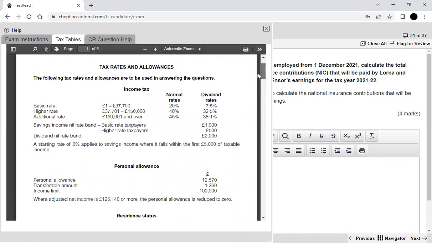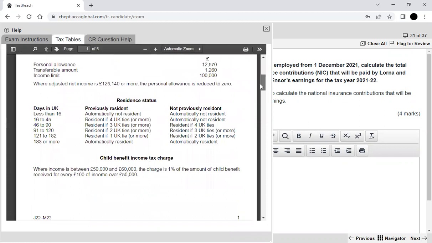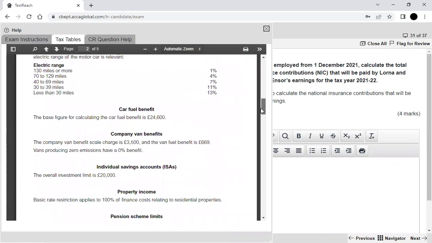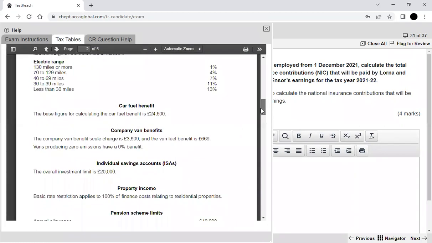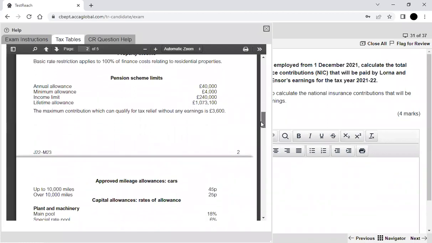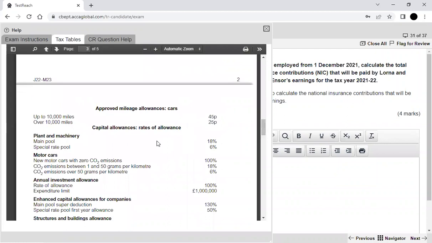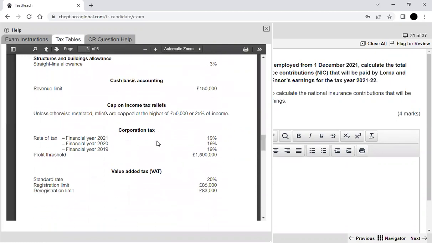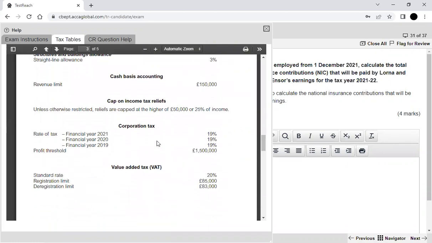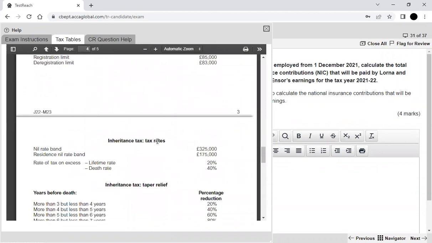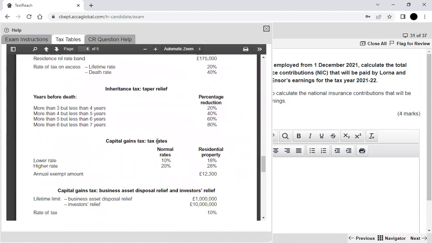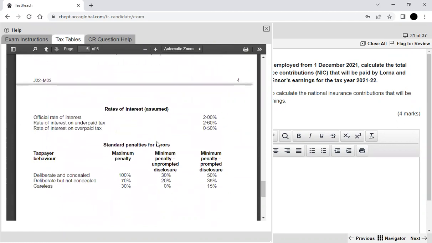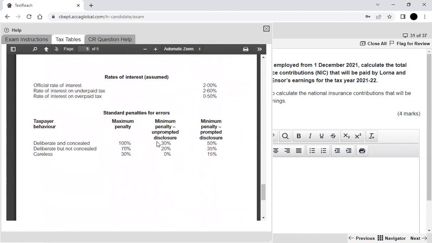So in the text table: the income tax rates, personal allowance rates, resident status, child benefit income tax charge, car benefit percentage, car benefit, fuel benefit amount, notional amount, van benefit, ISA, property income, pension income limits, approved mileage allowance for cars, capital allowances, cash basis of accounting, cap on income tax relief, corporation tax rates, VAT rates, inheritance tax rates, taper relief percentages, capital gains tax rates, NICs, rate of interest, and the penalties for error.